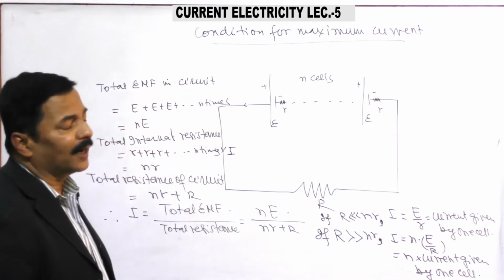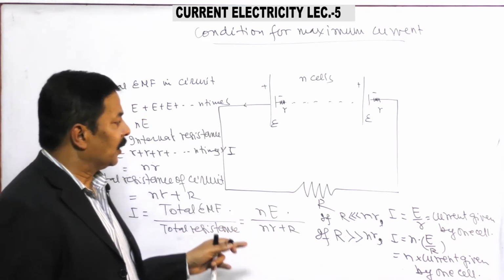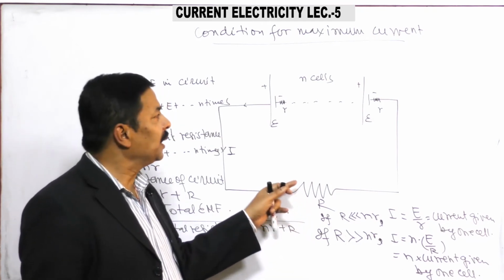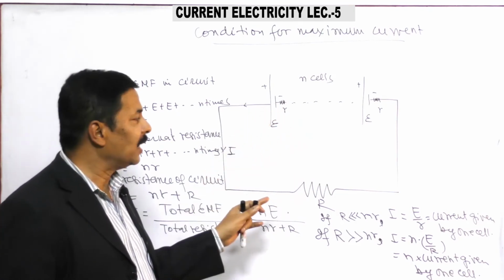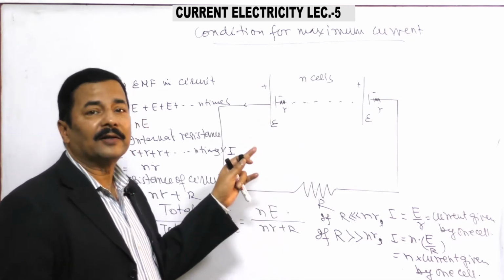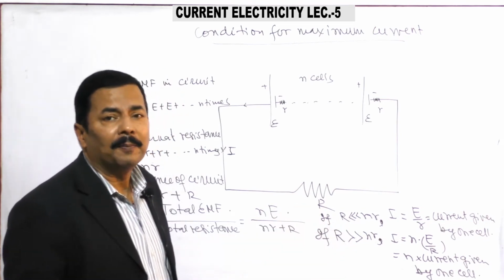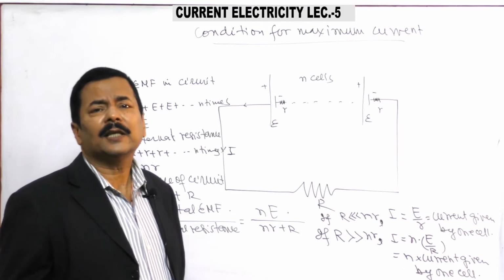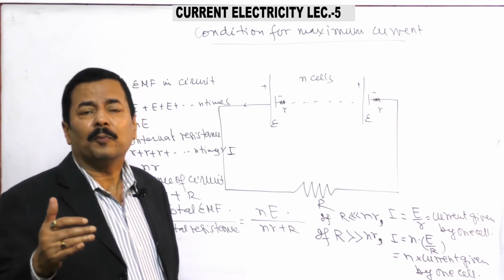So in series connection, what is our result? In series connection, the external resistance should have a very large value in comparison to the total internal resistance of the cells. Then we will get the maximum current. This is the condition that we have to understand. Basically, why are we doing this series combination of cells? We are doing the series combination of cells in order to get the desired value of potential difference.